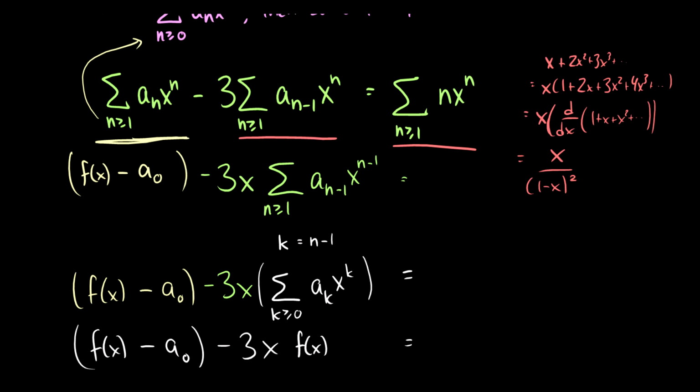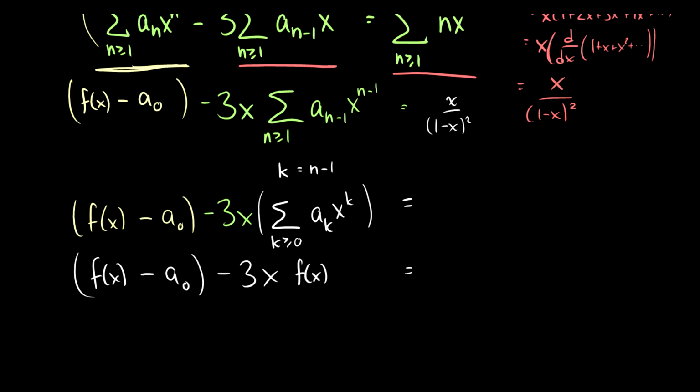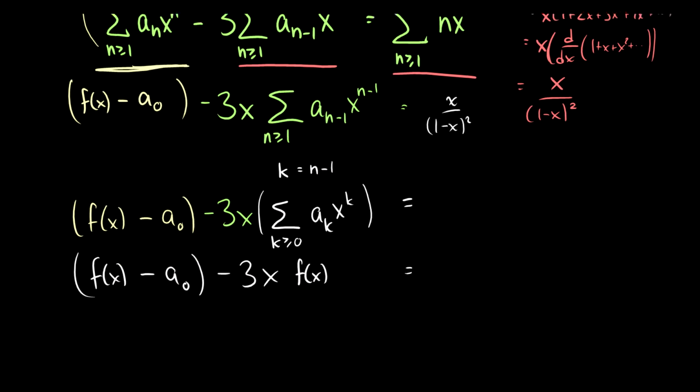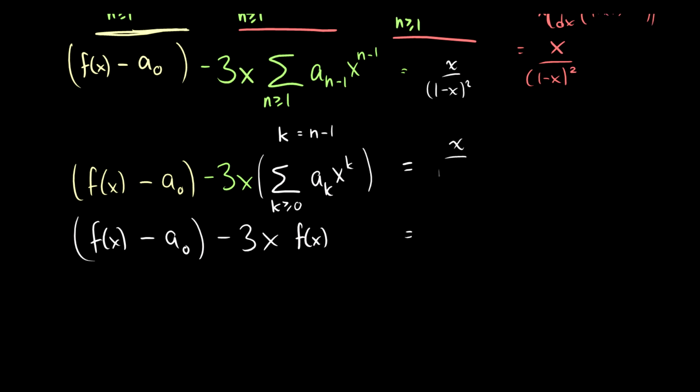So the right side is going to be x over (1 minus x) all squared. That's actually good, so we're just going to keep this.